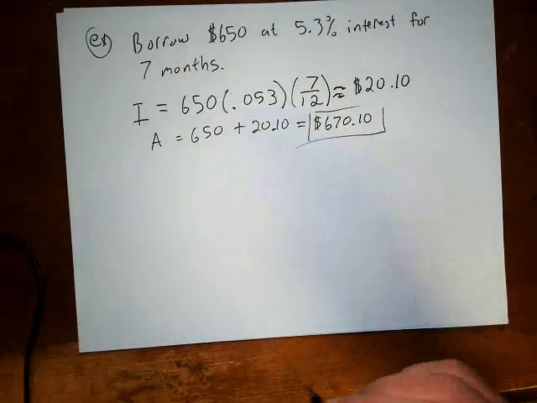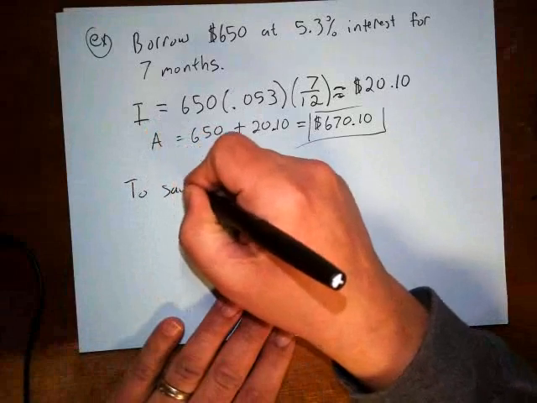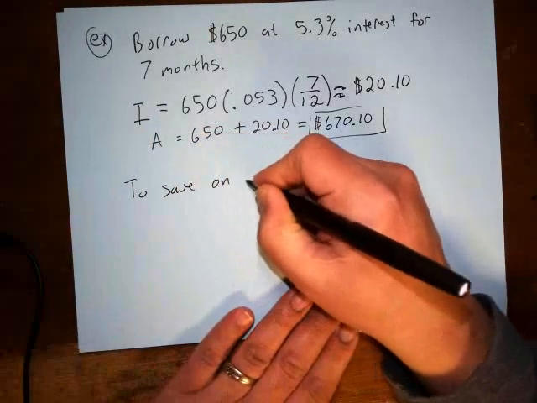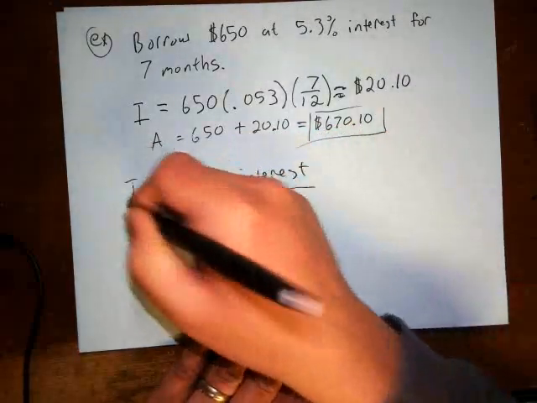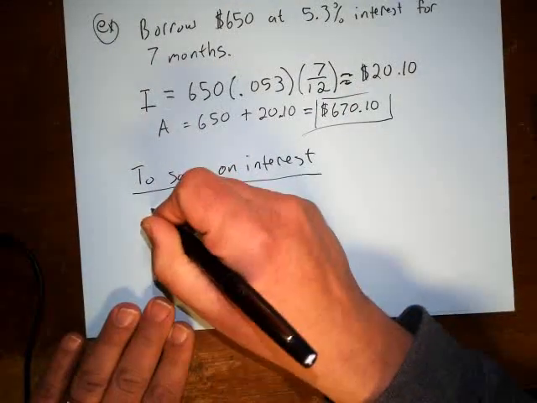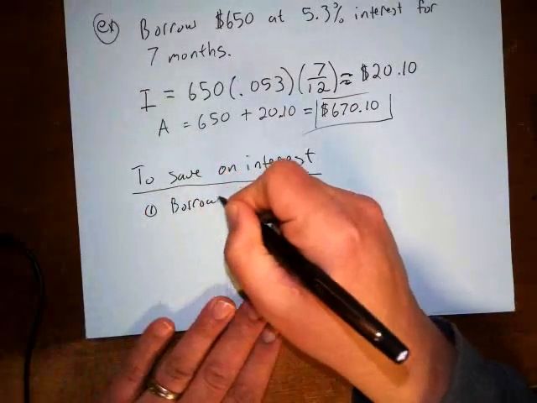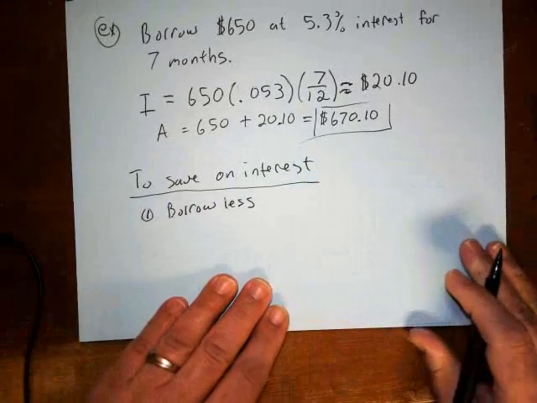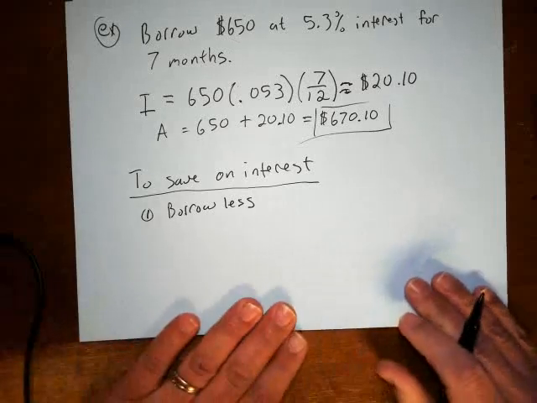And so we could say something like this: to save on interest, there's 3 things you can do, right? You can borrow less. The less you borrow, the less interest you owe, because your interest is actually a percentage of what you borrow, right?